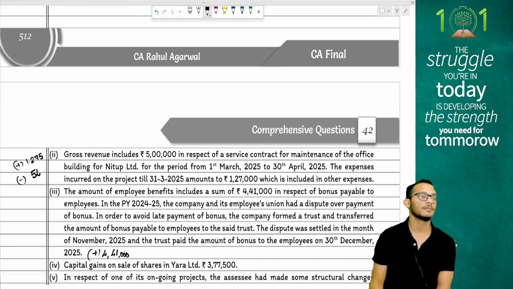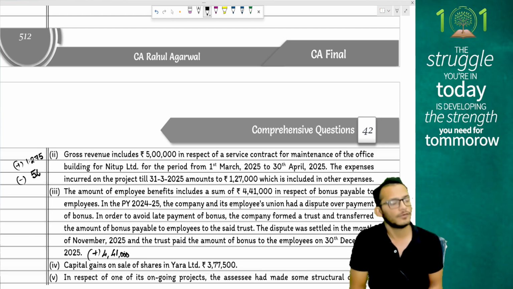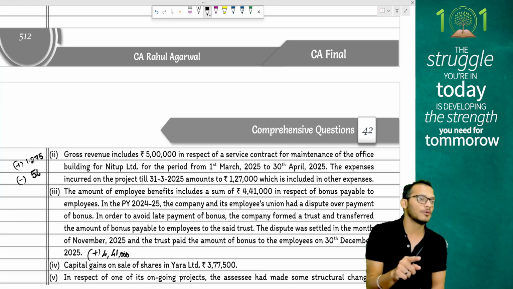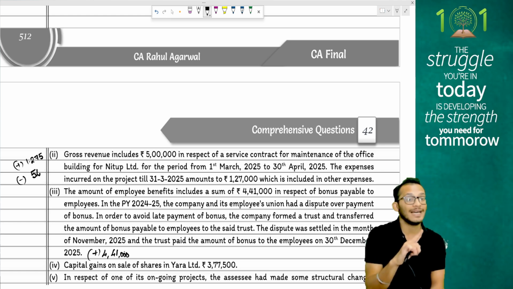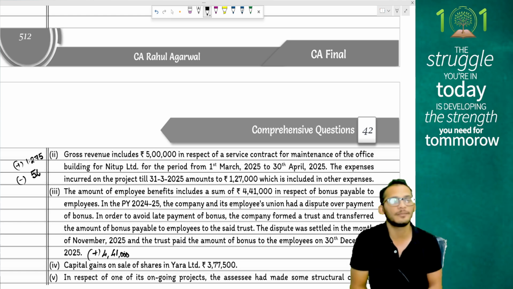Yes, sir. 43B, yes, because 43B says bonus and commission paid to employees. The fund related provisions are only for retirement benefits, like gratuity, PF and all those things. So therefore, putting it in a trust is not a constructive payment. So pay attention to those.